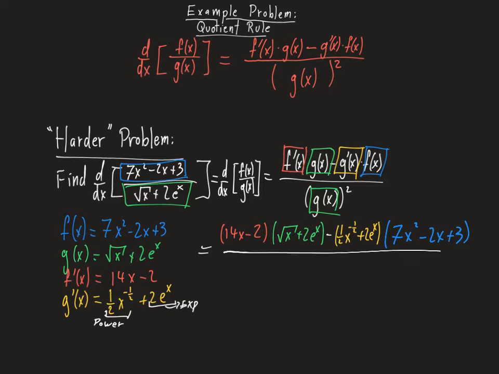That's it for the numerator. Let's now look at the denominator. In the denominator, we always have a function that is being squared, and that function is the function in green. We have written out that the function in green is equal to square root of x plus 2e to the x. And we are done.